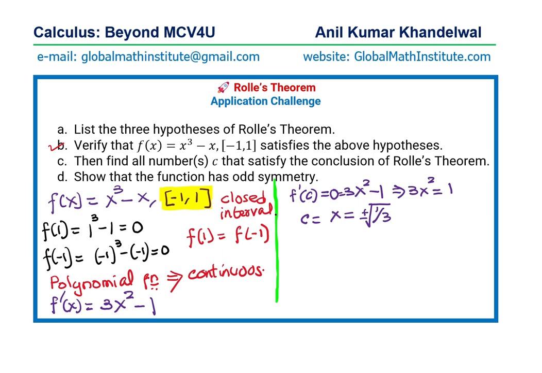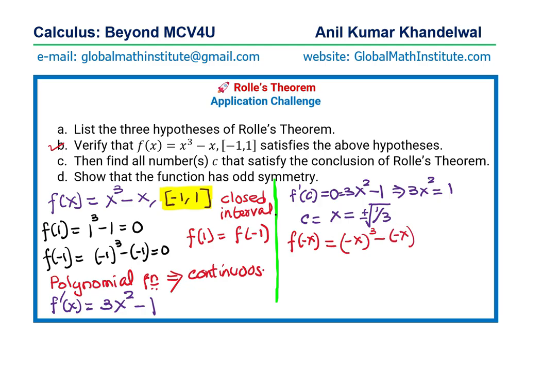Now, part D is show that the function has odd symmetry. So let's do that. For odd symmetry, f of minus x should be minus of f of x. So I'll just calculate f of minus x. You know the concept. So we'll plug in minus x for x, right?